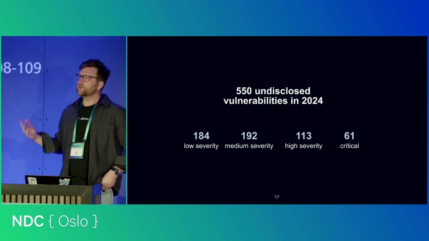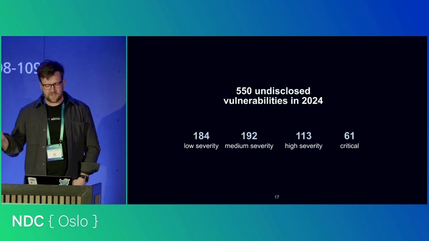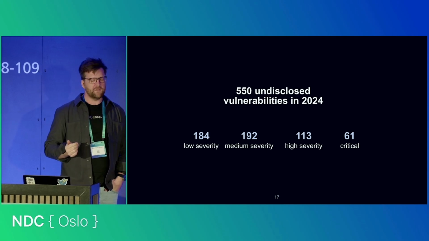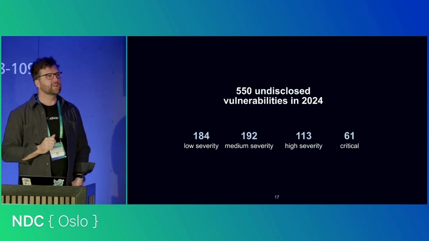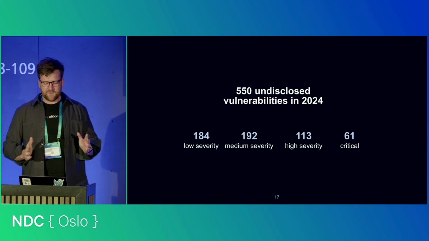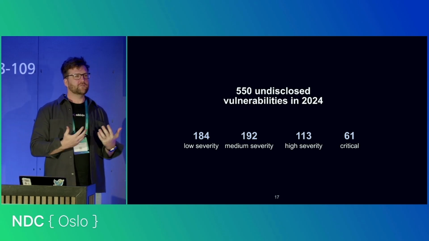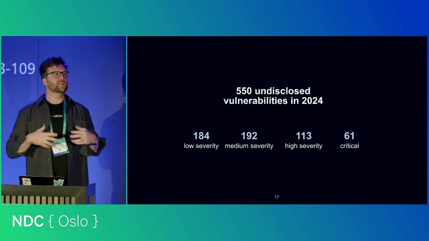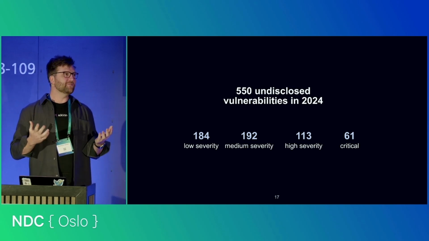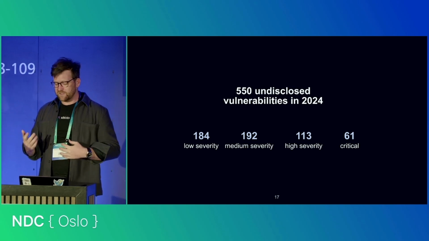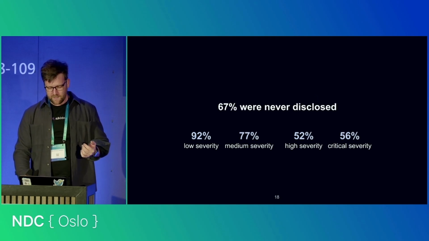And we found a lot. We started this in January last year, in 2024. Throughout the year, we found 550 undisclosed vulnerabilities, including 61 of them which were critical. 550 may not sound like a lot, but you have to remember that we're talking about some of the most popular open source tools that exist, and having any vulnerabilities inside them that aren't disclosed is a big issue.